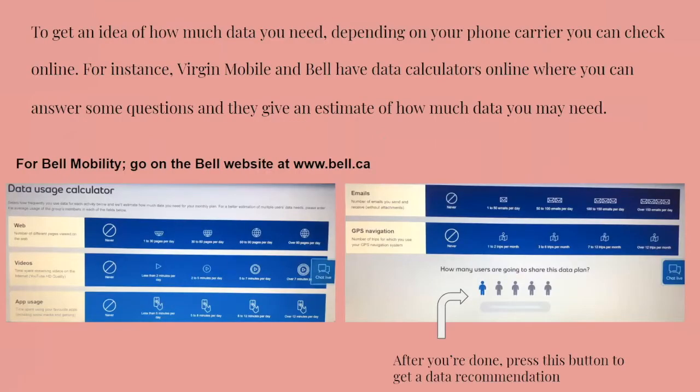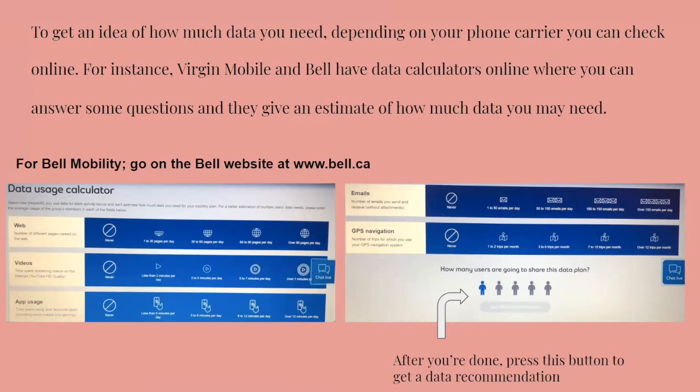To get an idea of how much data you'll use, you can go to your phone carrier and check online. For instance, in Canada, we have Virgin Mobile and Bell, and they have online data calculators to give you an estimate of how much data you'll need. You'll go on the website and they'll have a few questions to gauge how much data you'll use.